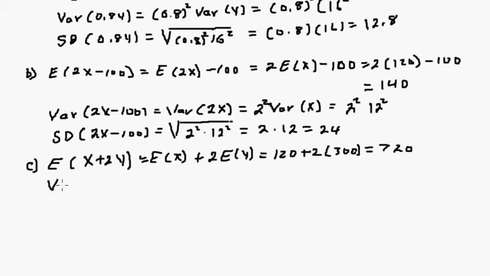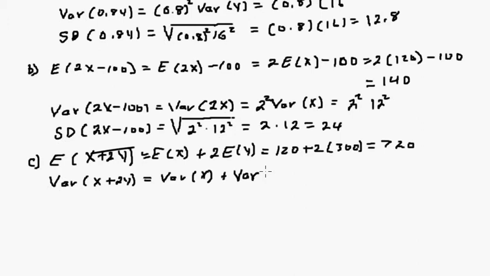Okay, now the variance, might want to step through it just a little bit slower. That's going to be equal to the variance of x plus the variance of 2y.